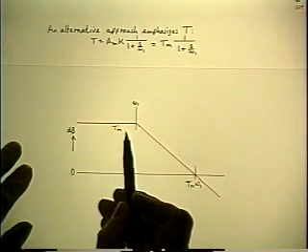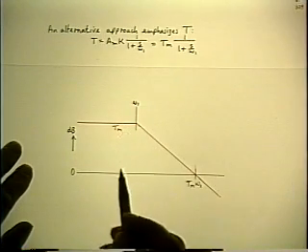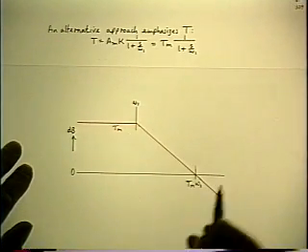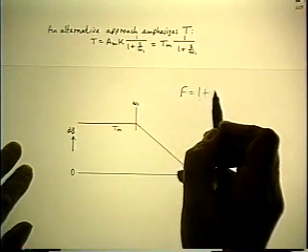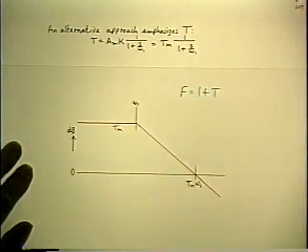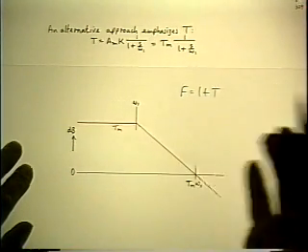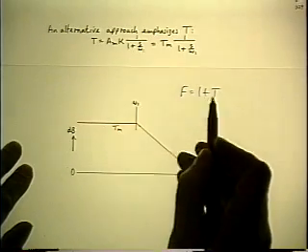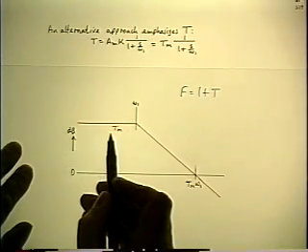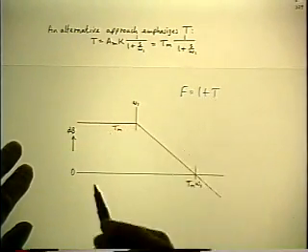Down here, T is large. Now I'm trying to construct F equals 1 plus T, which is adding two functions. One of the functions is only 1, but nevertheless it's a function. Okay, down here T is large, so F is going to be just a shade bigger.